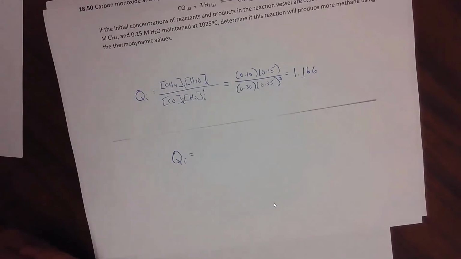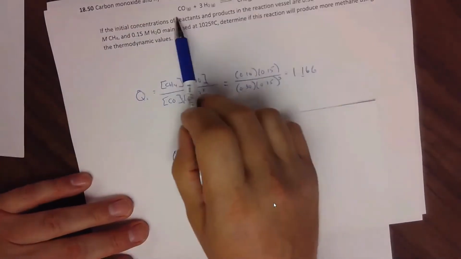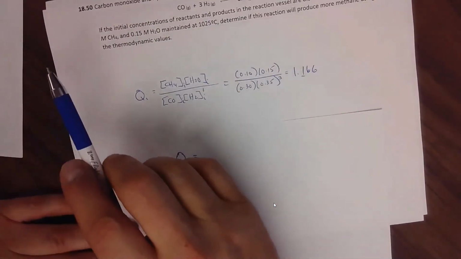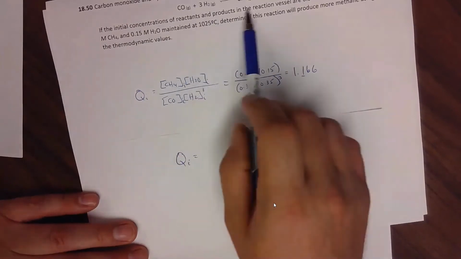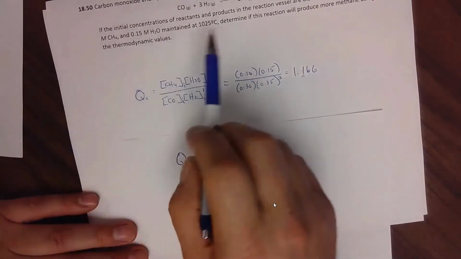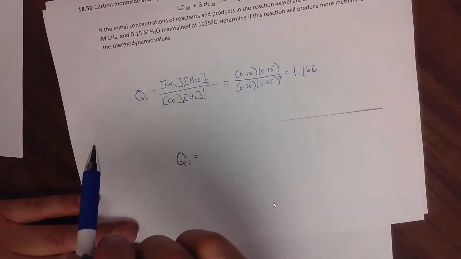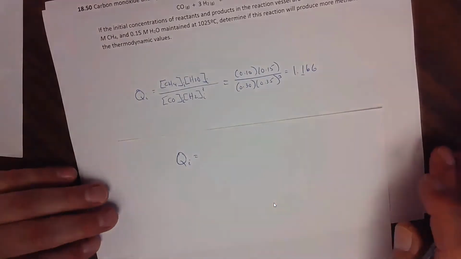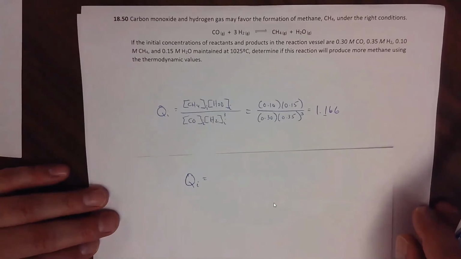You can look up K values for acids and bases, but there are no acids or bases here. You could look it up for a solubility product, but there's no precipitation going on here. You could look it up for the formation of a complex ion, but there are no complex ions here. So that's not going to happen. We can't look up K this time.